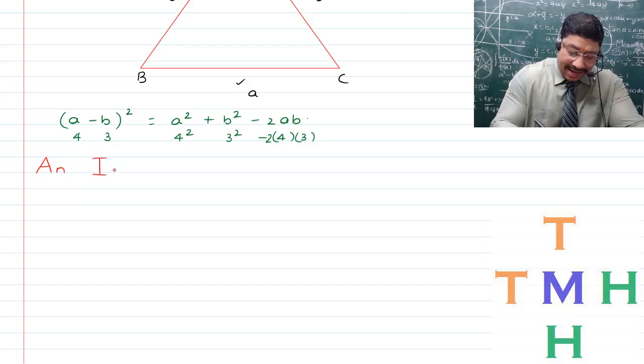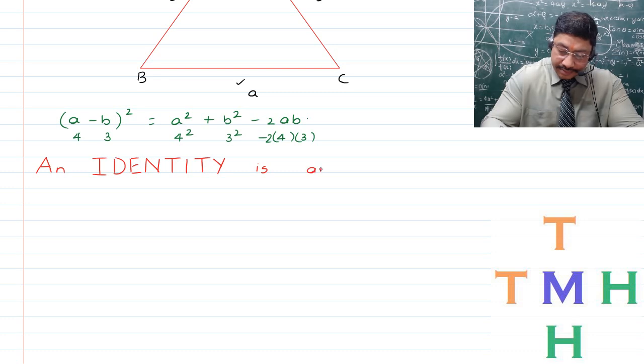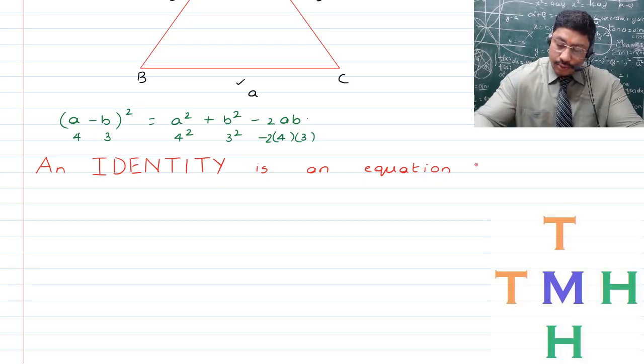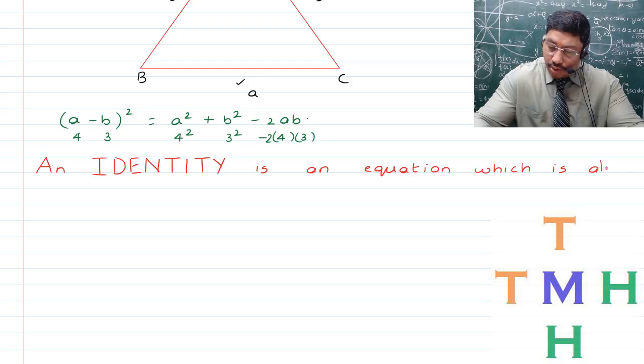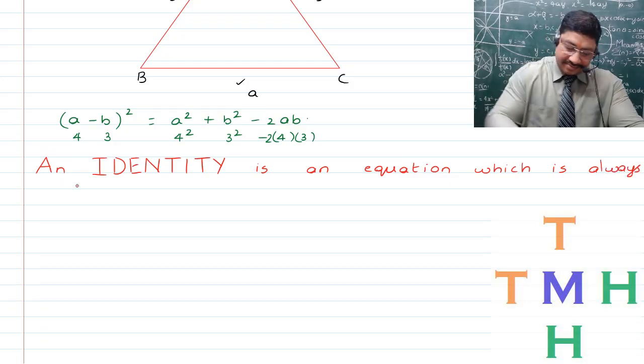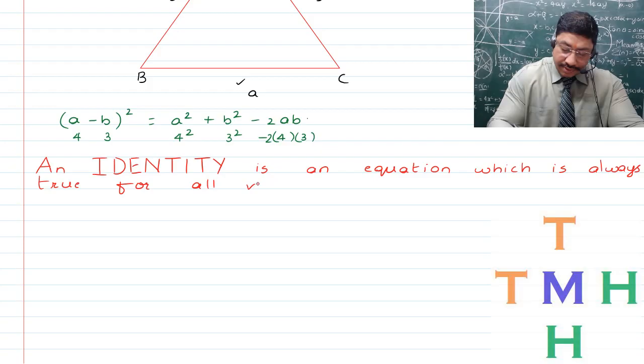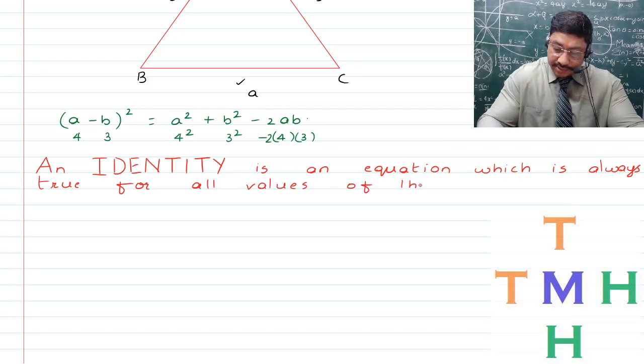An identity, and I like you to write identity in block letters, is an equation which is always true for all values of the variables.